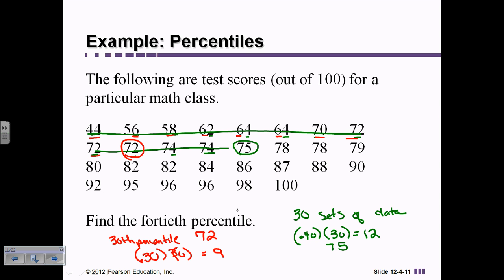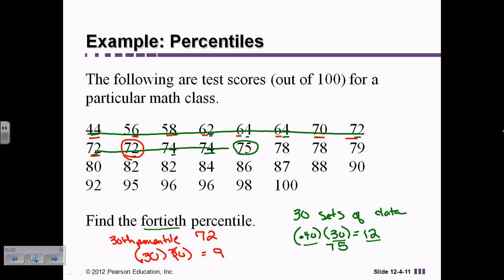So let's look at this and get a clean slate here. Okay, so here we have the 40th percentile. So to get the 40th percentile, we're going to take 0.40 times the set of data, and that equals 12.